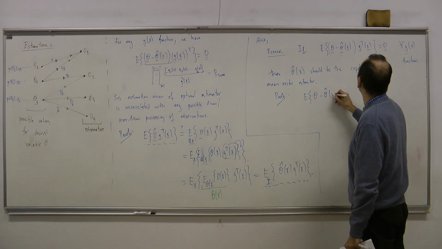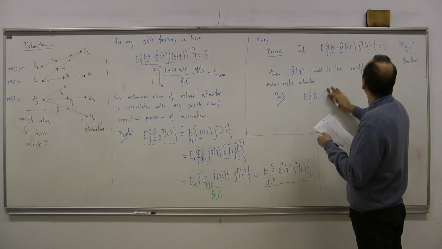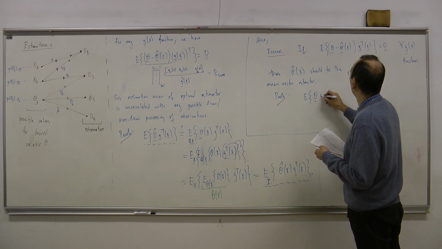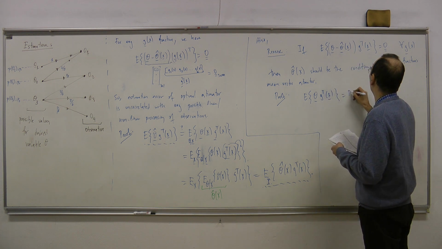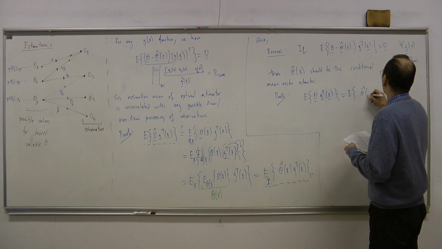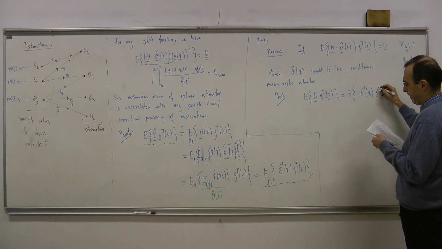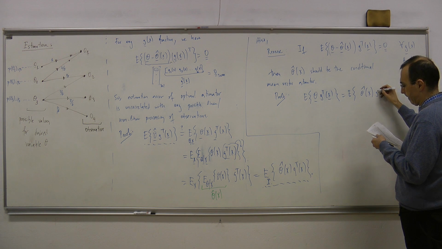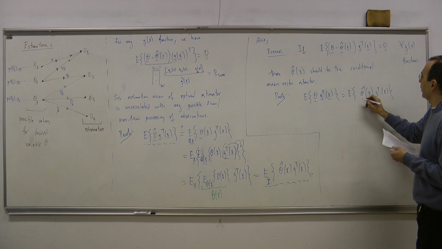The expected value of theta minus theta hat, so theta g transpose x is equal to theta hat of x g transpose x.